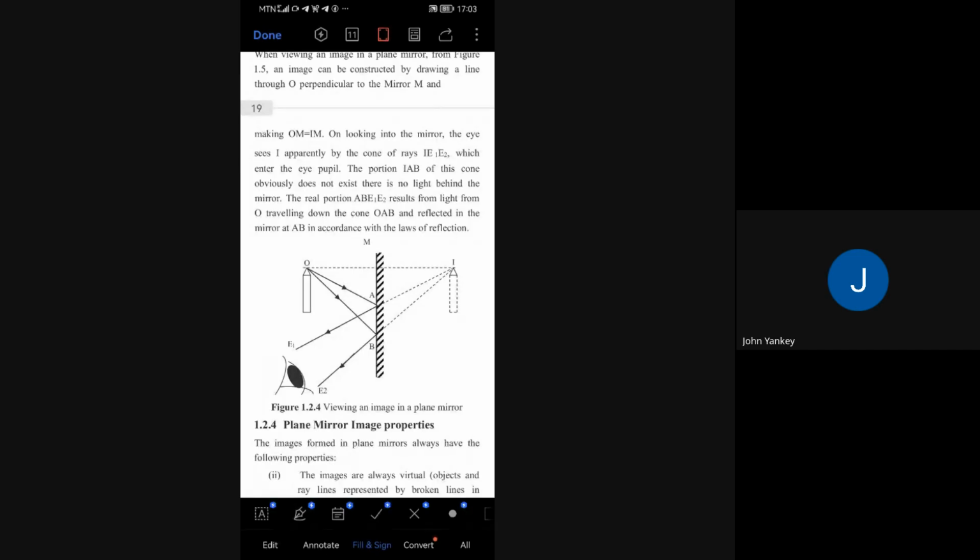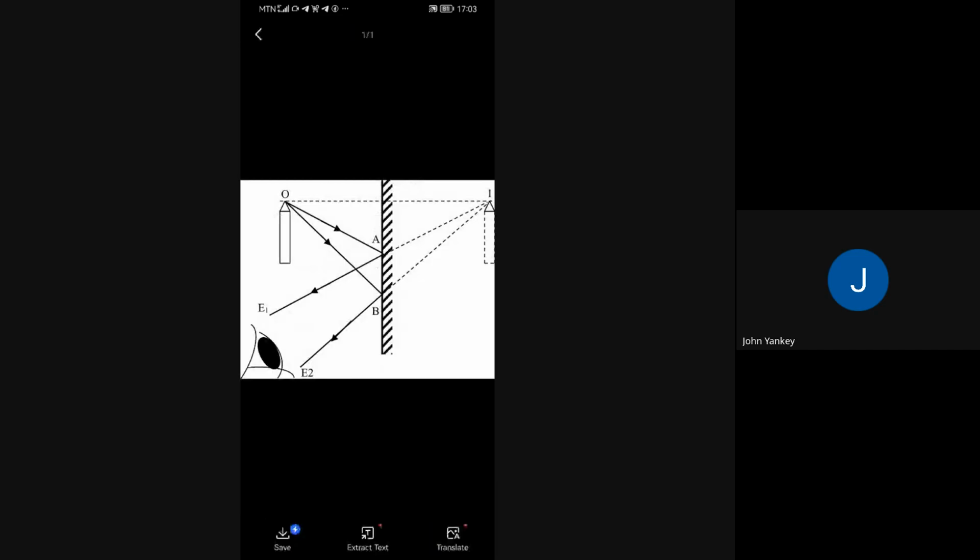That source of light is not shown in the diagram, but there must be a source of light, a luminous body, and the light will fall on the object O. The object O will reflect some of the light towards the mirror. You can see those two rays coming from the point O of the object towards the mirror.